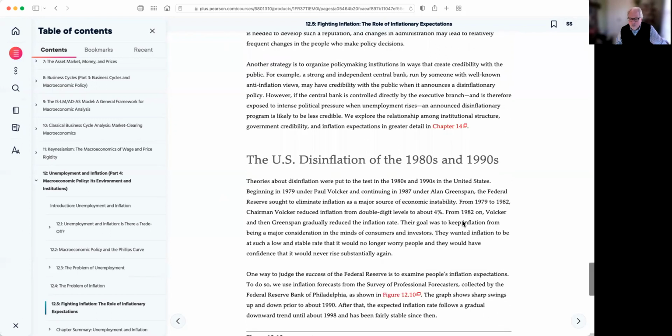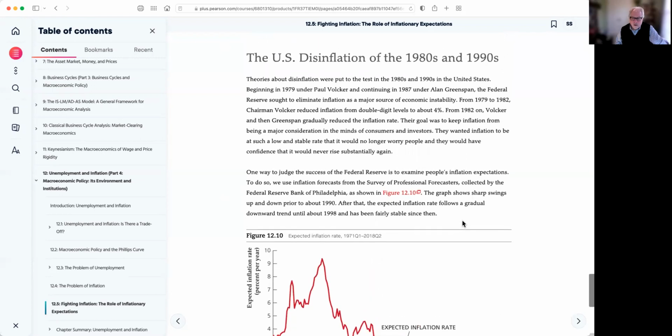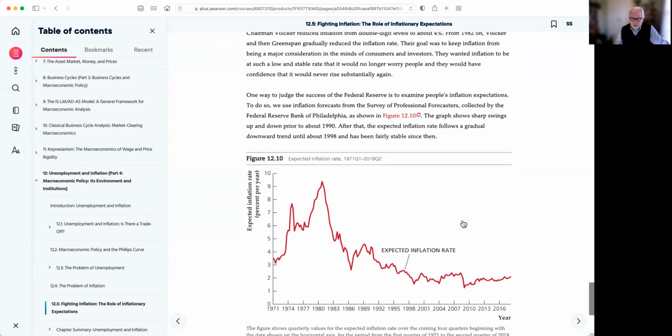And the last part of this section talks about how the Federal Reserve in particular worked to reduce inflationary expectations in the 1980s. You can see this period of 1980 to '86 or so. That was following a run-up in inflation during the 1960s and into the early, mid-1970s.